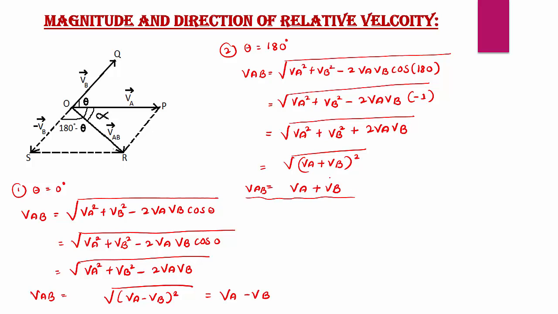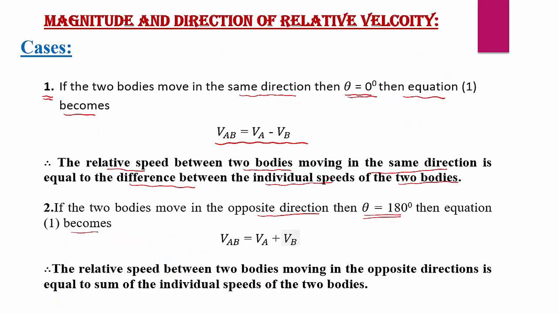When theta equals 180 degrees, we got VA plus VB. VAB equals VA plus VB when theta equals 180 degrees, and this indicates that the relative speed between two bodies moving in the opposite direction is equal to the sum of the individual speeds of the two bodies. Theta equals 0 degrees means we have to take the difference between individual speeds. When theta equals 180 degrees, we have to take the sum of individual speeds.